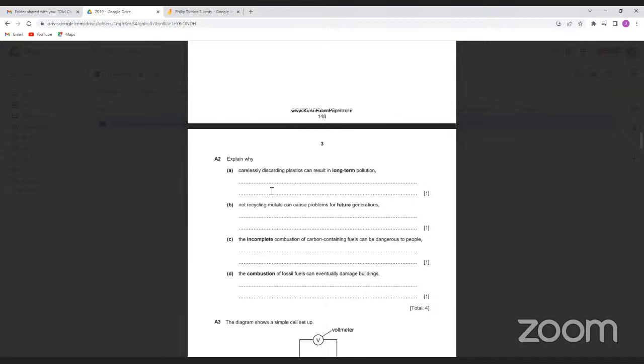For example, plastic takes a long time to decompose, that's something you understand. Not recycling metal, what's the problem? I'll give you a hint: metal is a finite resource. Very good. So not recycling metal may cause future generations to have a shortage. Ta-da. That's the idea.